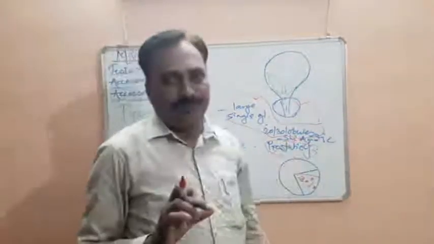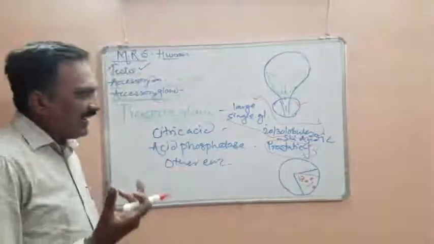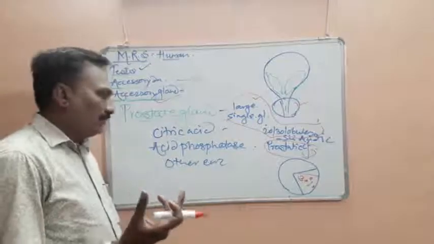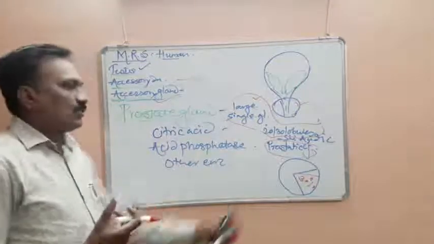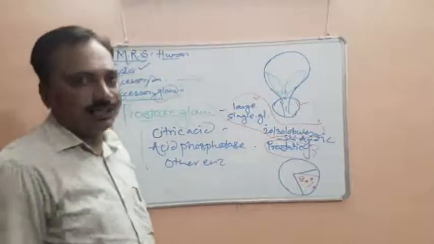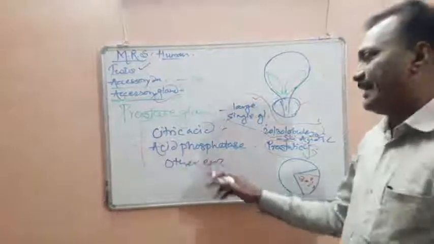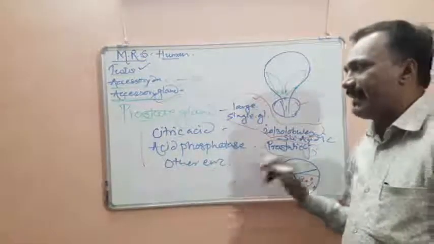And that prostatic fluid is a slightly acidic, milky white substance, and it consists of main chemical constituents like citric acid, acid phosphatase, and some other enzymes.